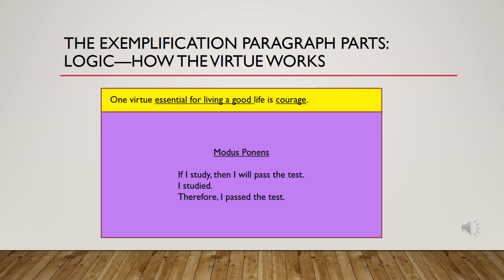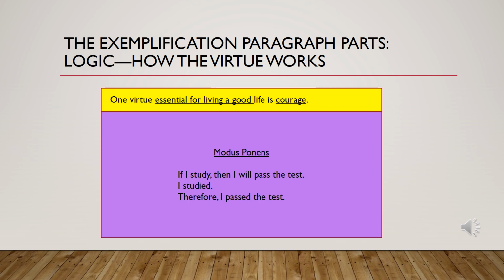And then, therefore, I passed the test, that's the Q. So what the modus ponens does is introduce a relationship in the first part, and says if this is the case, then that is the case. Then it shows that the P was the case, and therefore you can conclude that the Q is the case.